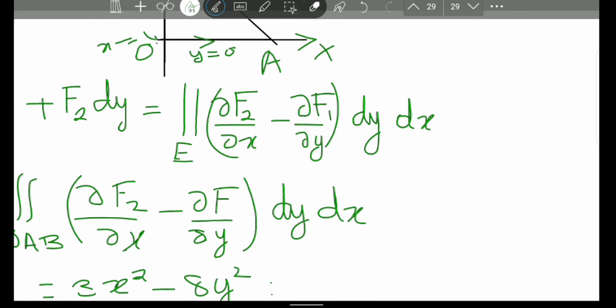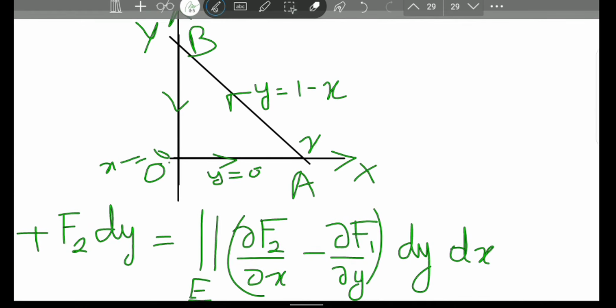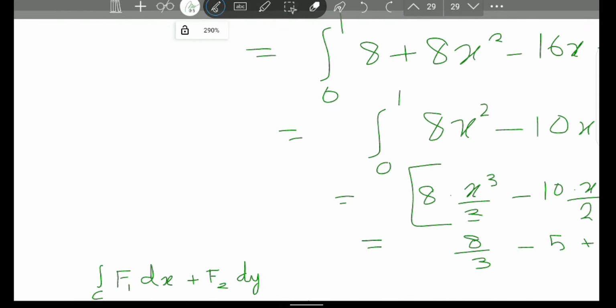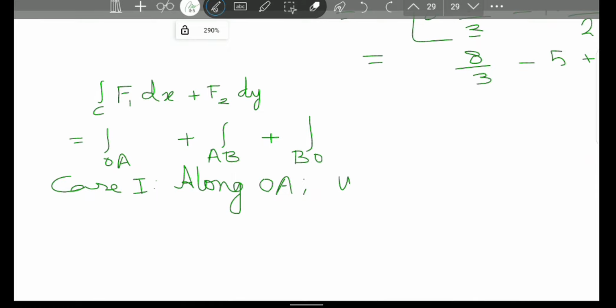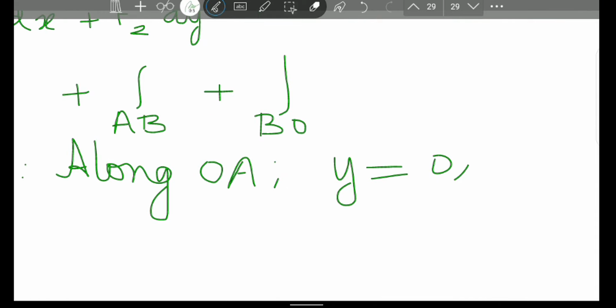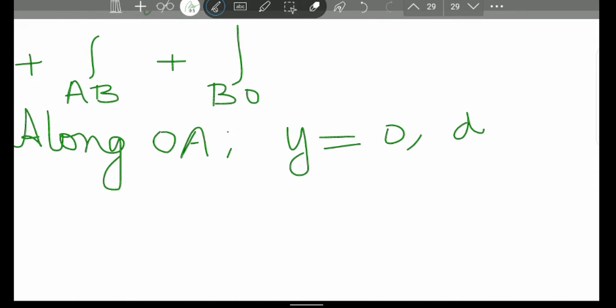Let's write it: y equal to 0, x is changing from 0 to 1. So when y equal to 0, then dy equal to 0.